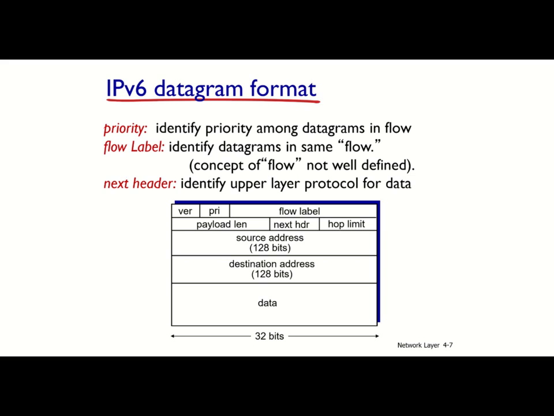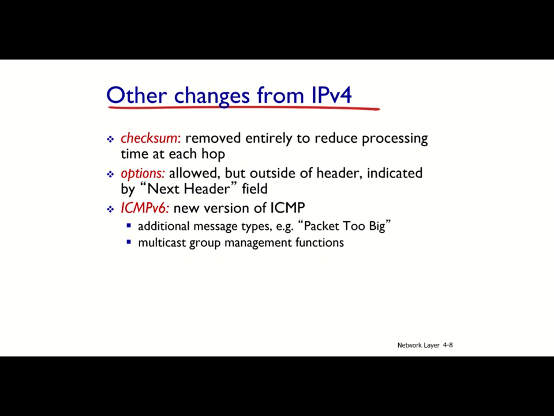The concept of flow is not well defined, but you can think of a flow as a set of datagrams that are handled in the same time interval and by the same set of routers.